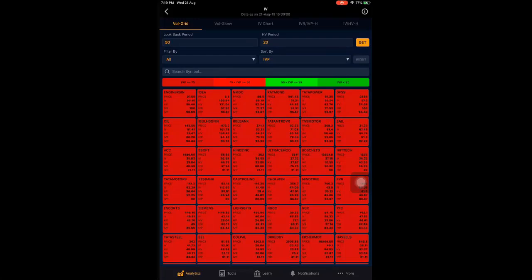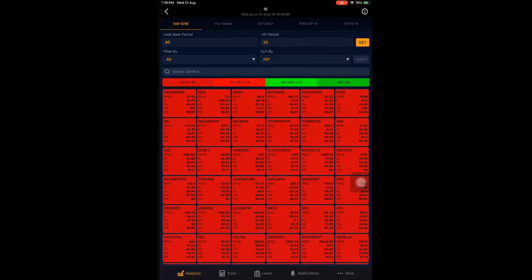If I read IBUL Housing, price is 473, IV is 101%, HV is 109%. So the stock is very volatile, and the historical volatility is also high. IVR is 84, IVP is 93. So you can evaluate how sensitive the stock has become. It is almost at the highest point of the last 90 days IV.